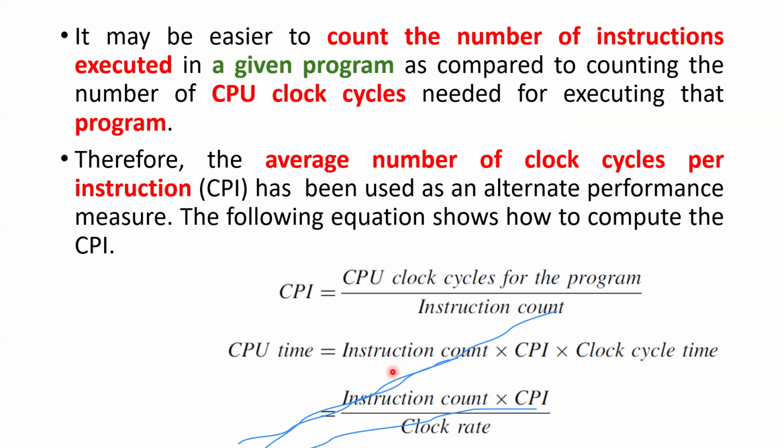In cases where you don't have the CPU clock cycles of the program, we can say that CPU time is equal to the instruction count times the CPI times the clock cycle time, or the instruction count times the CPI all over the clock rate. So these are formulas we can use to calculate the CPI and the CPU time.